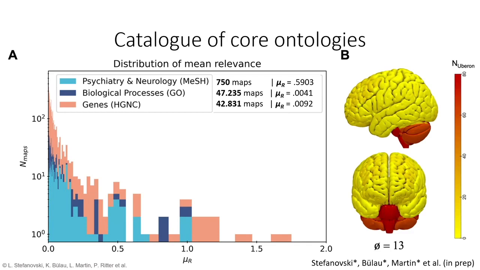And we mapped all terms that are listed in the Medical Subject Headings ontology, referring to psychiatric and neurological diseases. Some of the maps we've made for the MeSH ontology you've already seen for the Broca aphasia, Wernicke aphasia, but also for the apraxias or auditory perception.